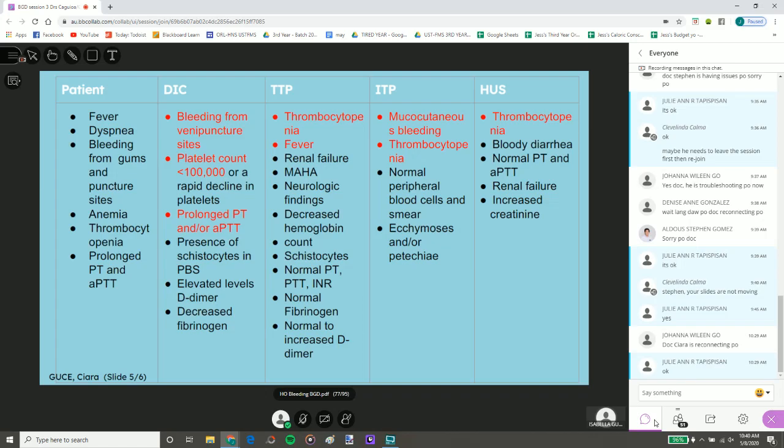This information further supports that the patient is experiencing DIC.